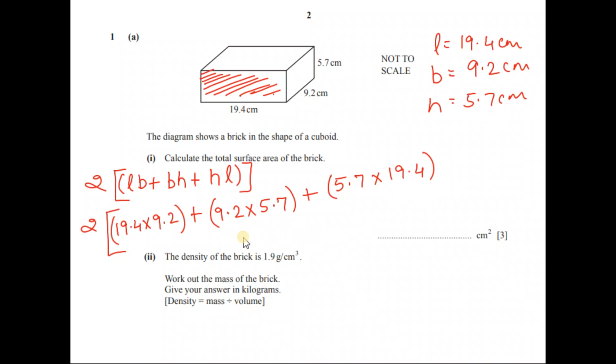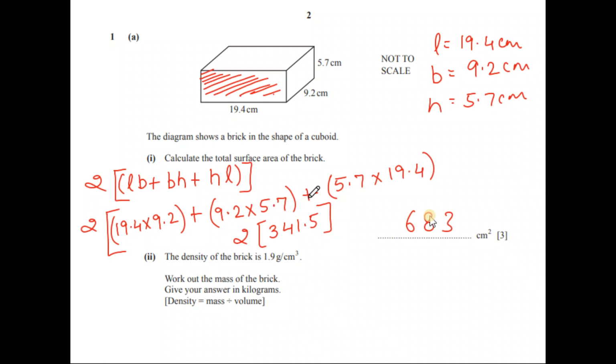So when we multiply this whole thing, we will be getting 2 times of 341.5. And when we solve this, we'll be getting our answer as 683 centimeter square. So for 3 marks, I think it is a pretty easy question, but you just need to remember the formula.